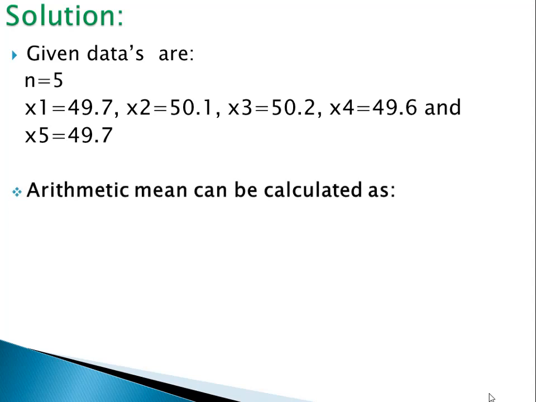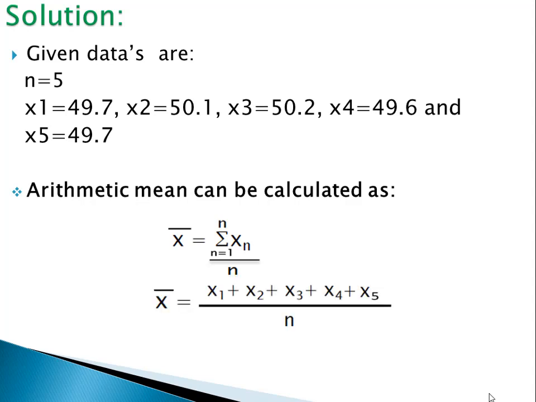So here the first term, that is arithmetic mean, can be calculated as, we know the formula for arithmetic mean, x bar is equal to summation xn, where n is varying from 1 to n, divided by n.